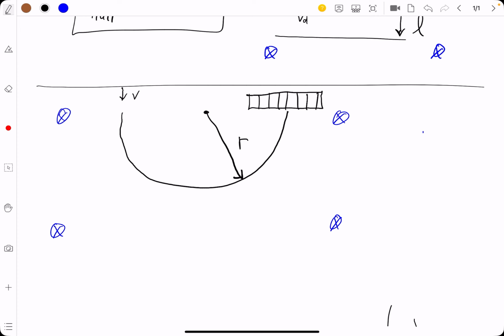So the way I've drawn it, this particle is going to end up in this bin. A lighter particle or a particle with a different charge is going to end up in this bin, or some of the particles are going to end up in this bin. And that's how we can tell the difference between some things or other things.